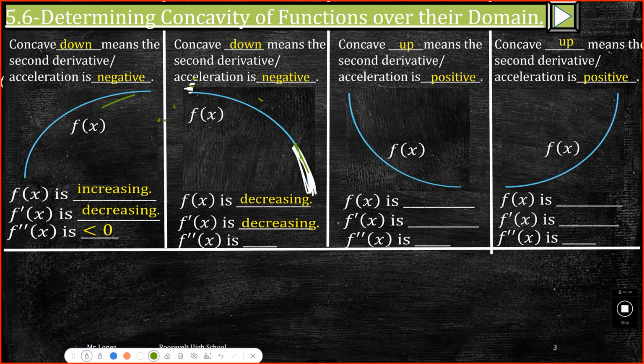So here's the very important takeaway. You could even put a star next to it: concave down means the second derivative is negative.